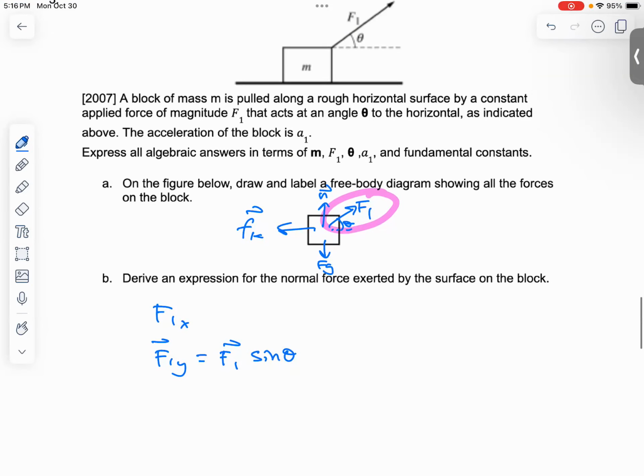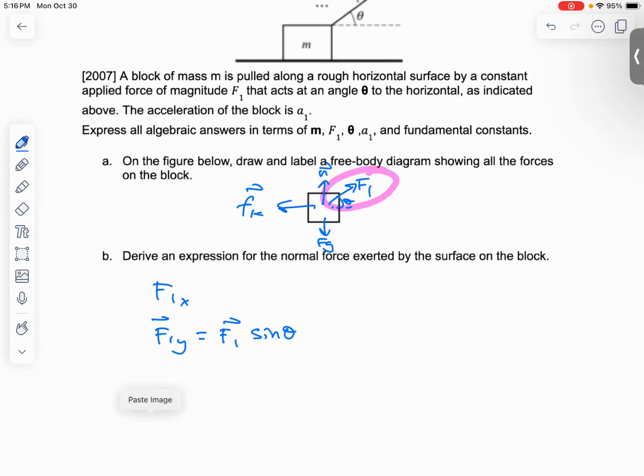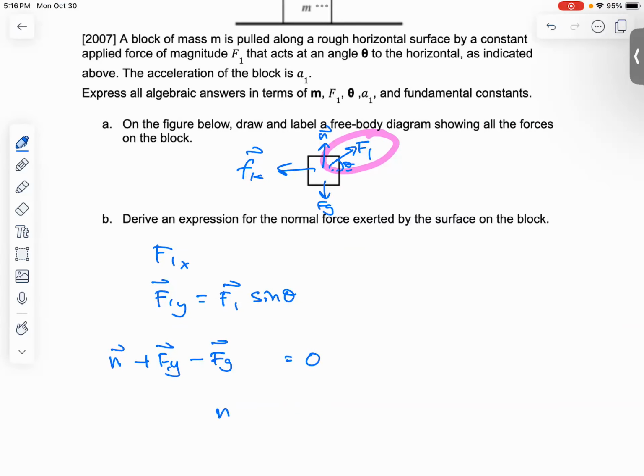Okay, so F1y is F1 sine theta, and if you add up all the forces together, it should equal 0. So normal plus F1y minus Fg is equal to 0. So the normal force is equal to Fg minus F1y.